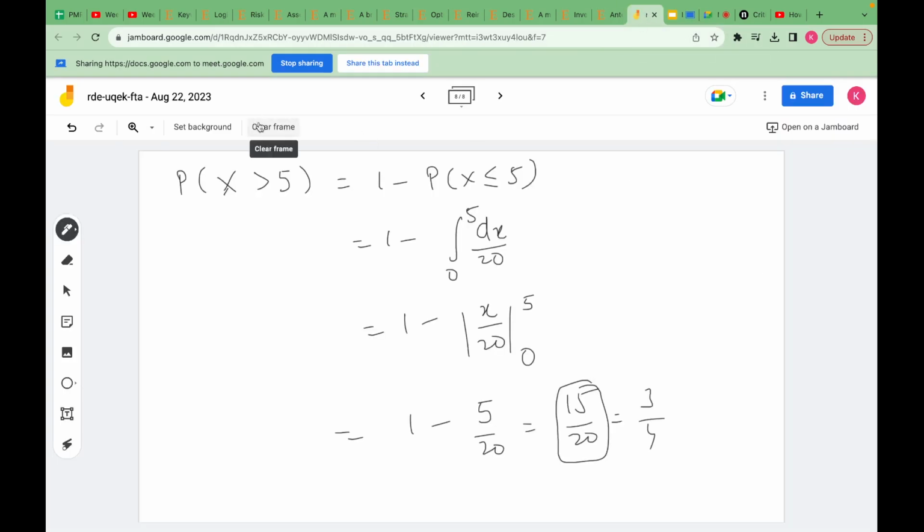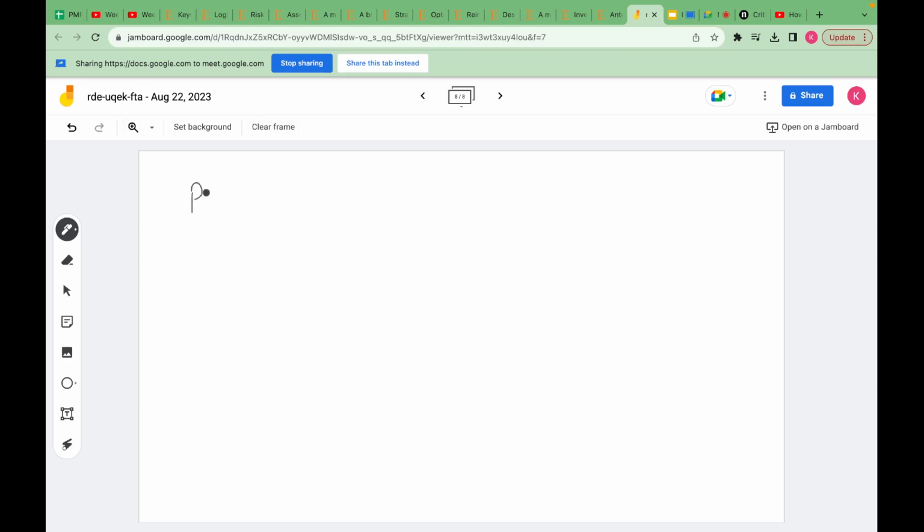So now we will find the probability that x is greater than 15, given that x is greater than 10.